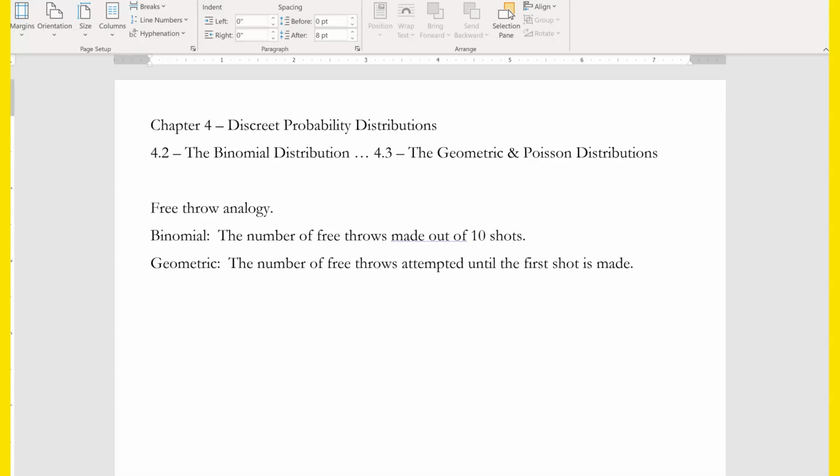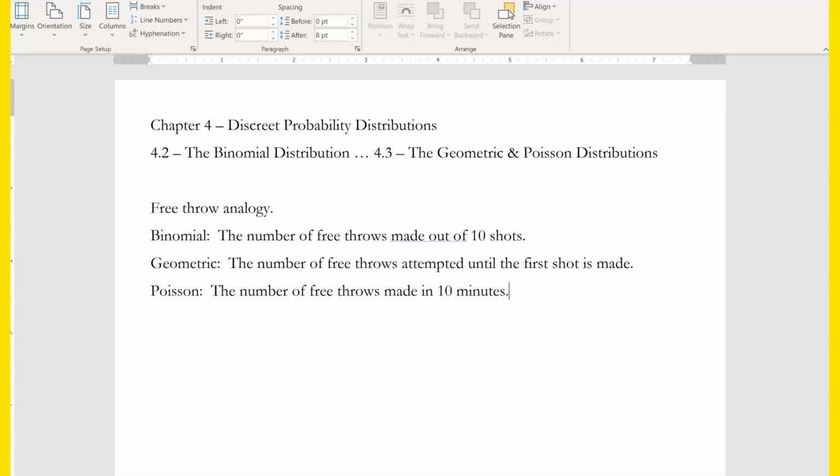And then the Poisson would say the number of free throws made in 10 minutes. So there's the difference between these three. If you can keep that analogy straight in your head, that should give you the framework, the categories for these three different types of discrete probability distributions.